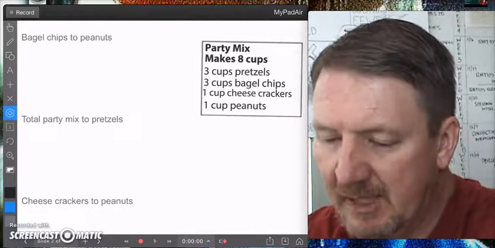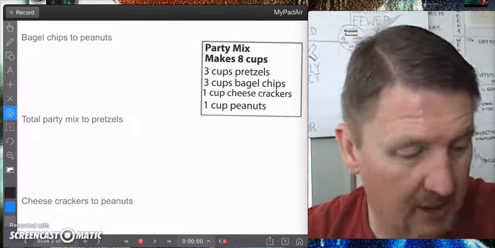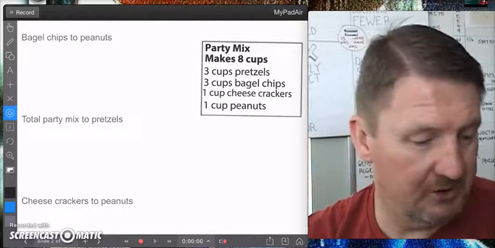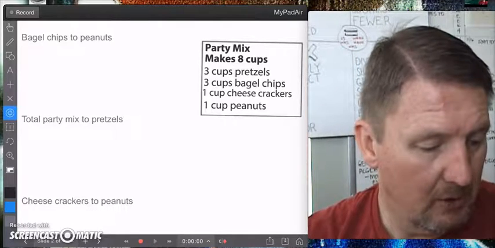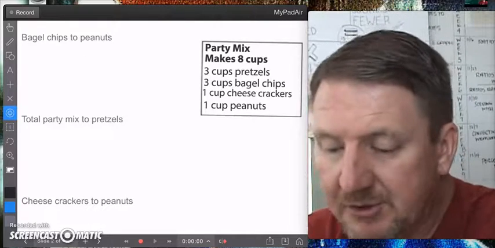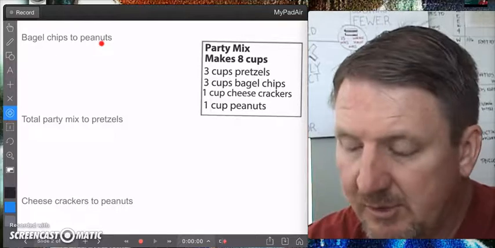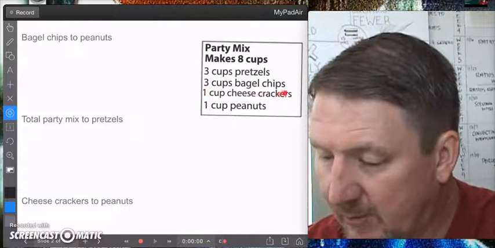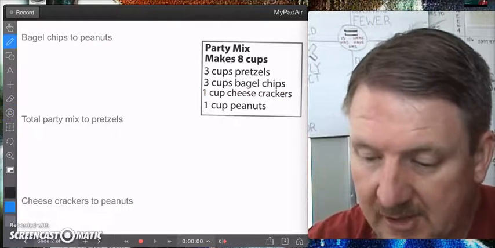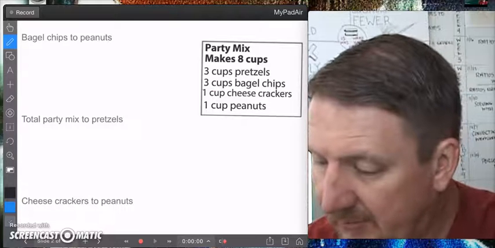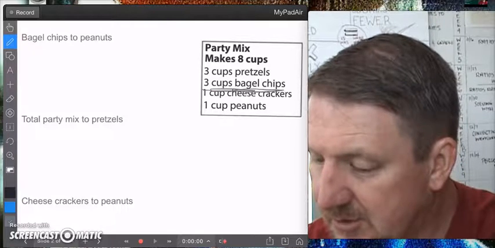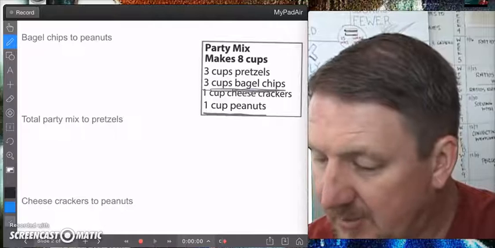Let's go ahead and make a couple comparisons here using this party mix example. First of all, I want to compare the amount of bagel chips to peanuts. I have to find out where the bagel chips are in my example. I have 3 cups of bagel chips, and then I have 1 cup of peanuts.